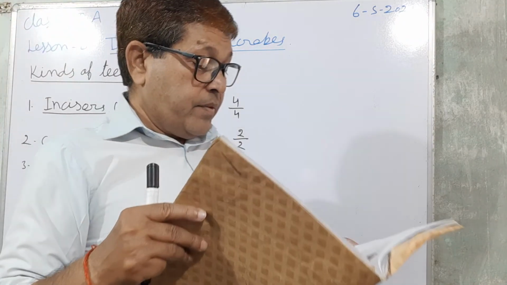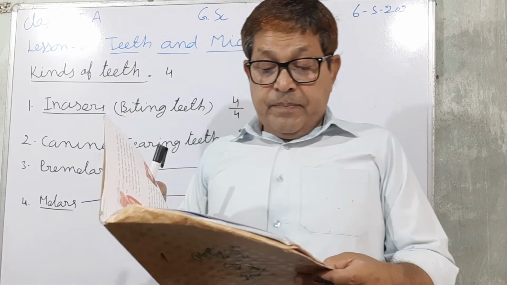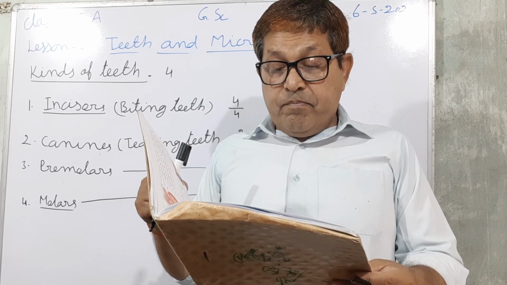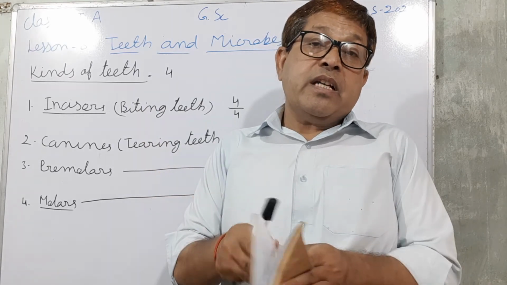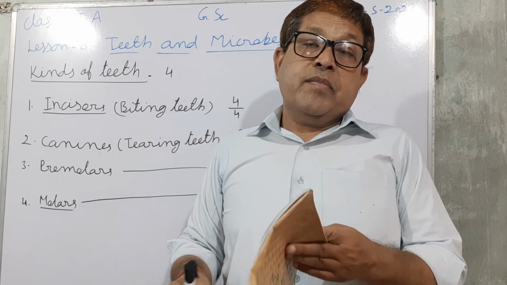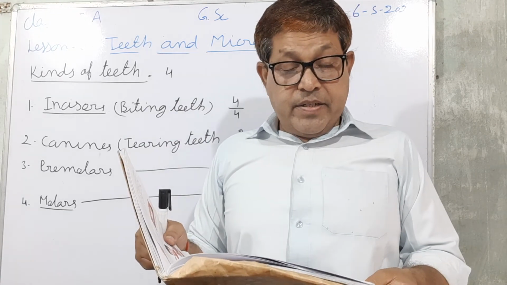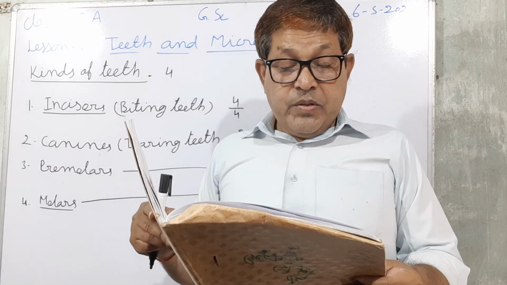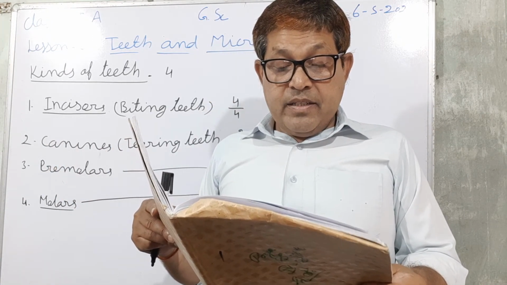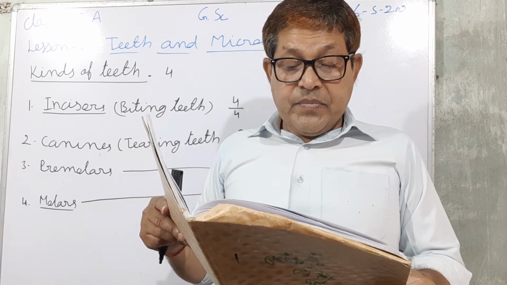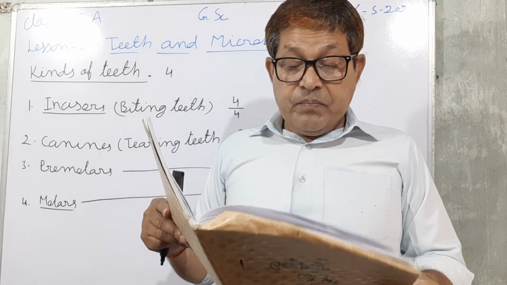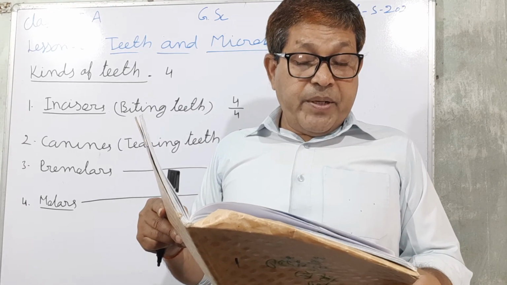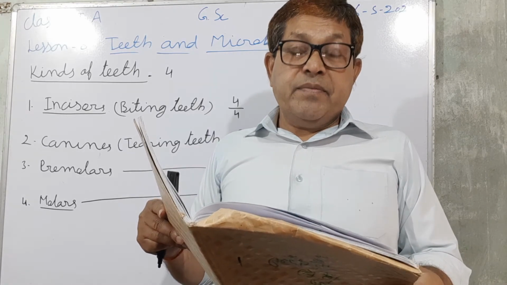Molars are on either side next to the premolars and at the back of the mouth. These are 12 in number, 6 in each jaw. They are broader than the premolars. They grind the food.